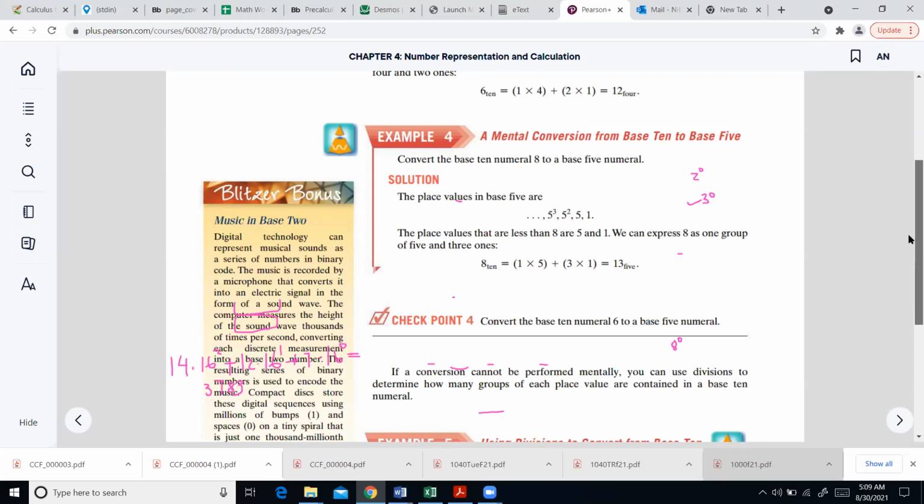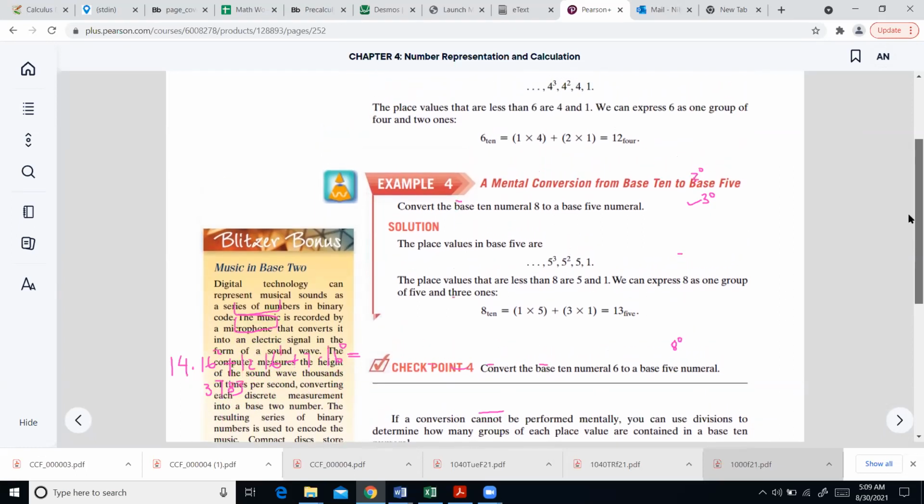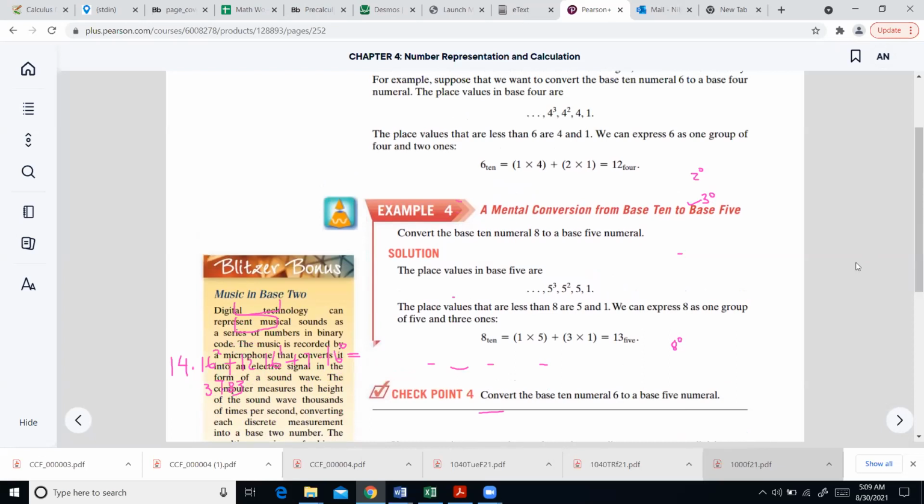So there are various other bases that they have here. For example, if you try to look at example 4 that has base 5, we write everything with powers of 5, right? And every digit then will be multiplied by some power of 5. So it looks like here we have a little number, which is base 8. Actually 8. So they converted to base 5, but they went backwards.